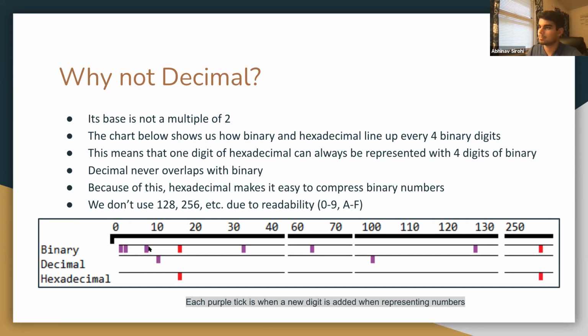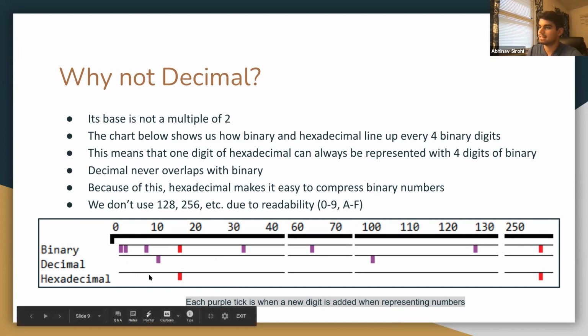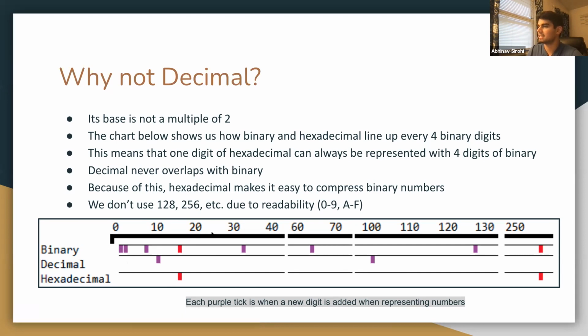We can see that binary and decimal never line up with each other, but binary and hexadecimal do line up at these two spots, which means that we can represent the binary number with hexadecimal numbers easily, and that allows us to represent a bigger number with a smaller number of digits, as we saw in the past slide.